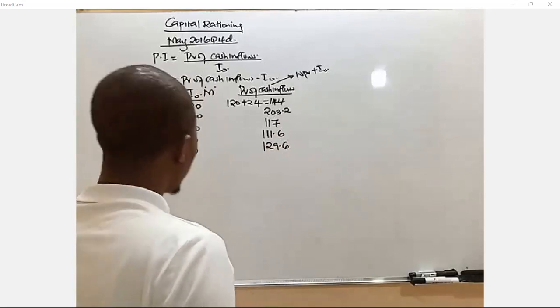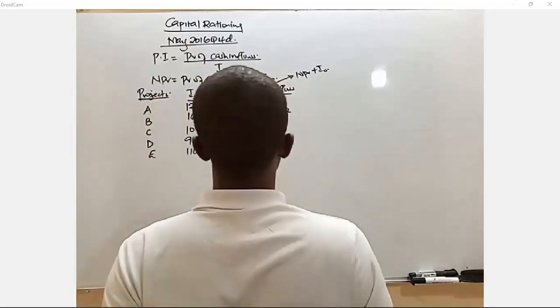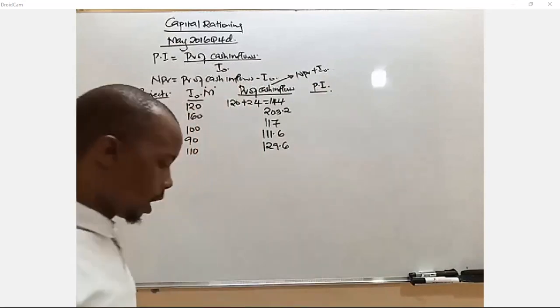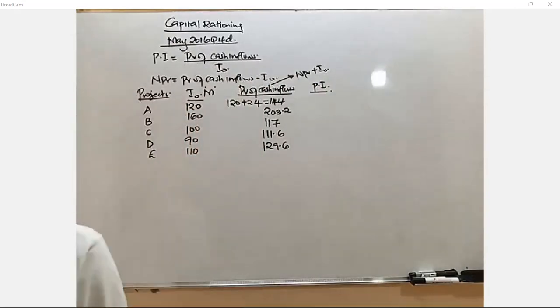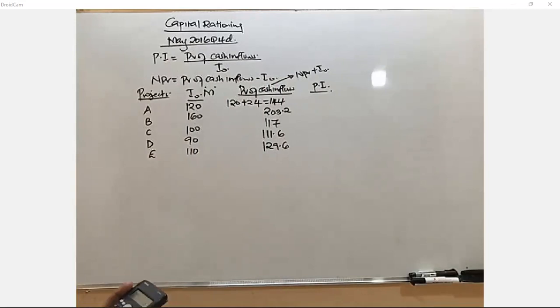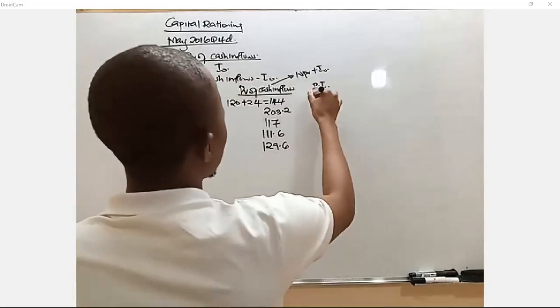From there, you can calculate your PI. Very simple. You just take your calculator and apply the formula. The present value of the cash inflow for the first one is 144 divided by the initial outlay, 120, getting 1.2.